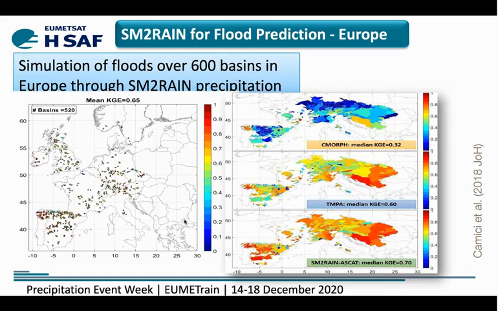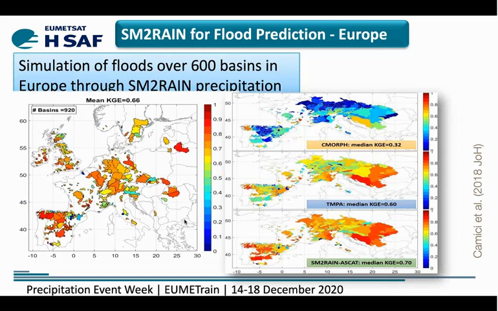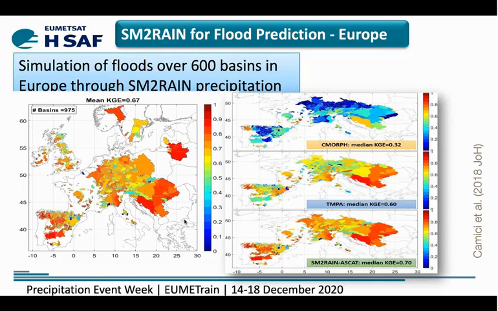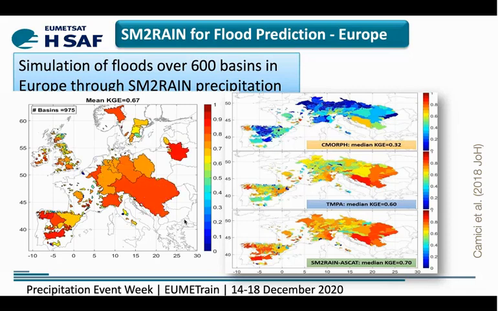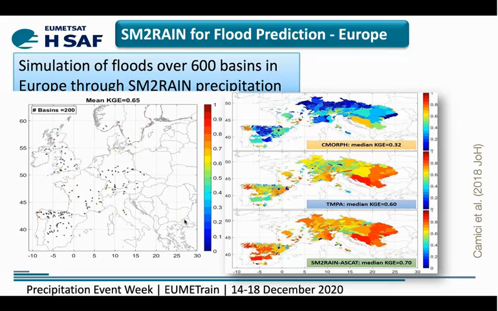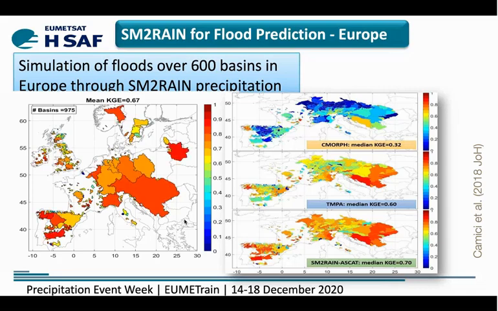Another exercise that we have done inside HSAF is related to flash floods and flood simulation, and it has been performed over 600 basins in Europe using soil moisture ASCAT product and also soil moisture from precipitation products.